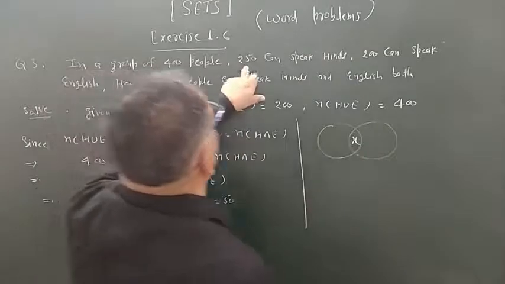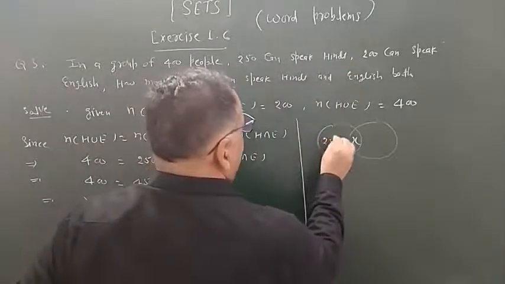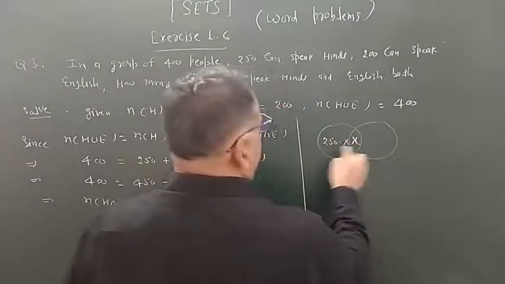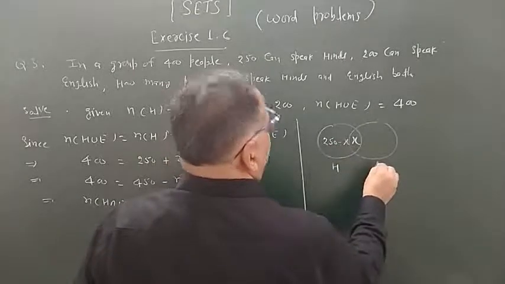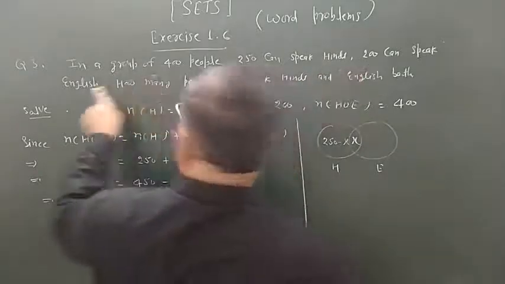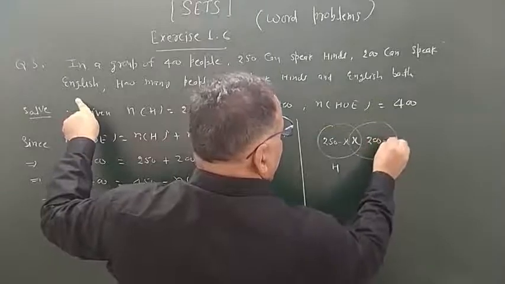So there are 250 minus x, because after adding this you have this is Hindi and this is English, and 200 can speak English. So this becomes 200 minus x.